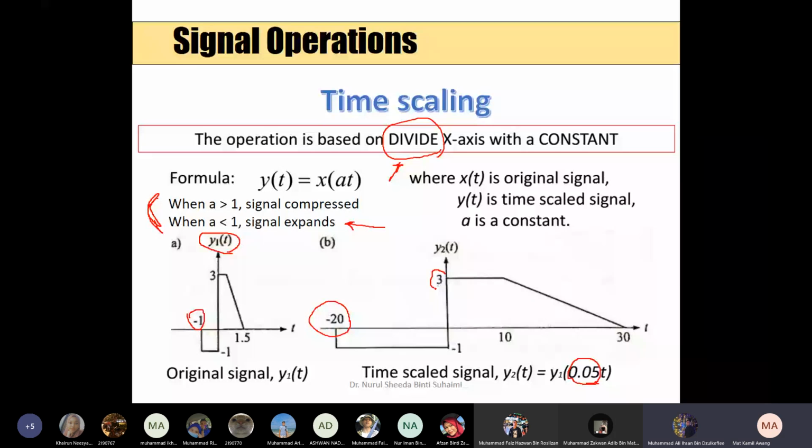At t equal to 10, it is actually 10 times 0.05, which is 0.5. So it should take the value at 0.5 somewhere here.